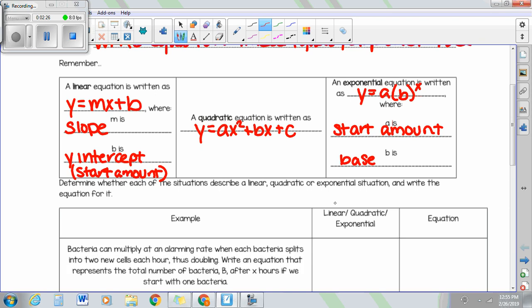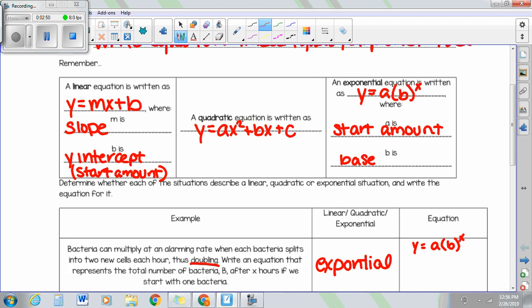The first thing we have to do is figure out which situation it is. The hint word here is doubling. Doubling is an exponential word. It means we are multiplying by 2 each time. So I know that my equation is going to start off with y equals a times b to the x.